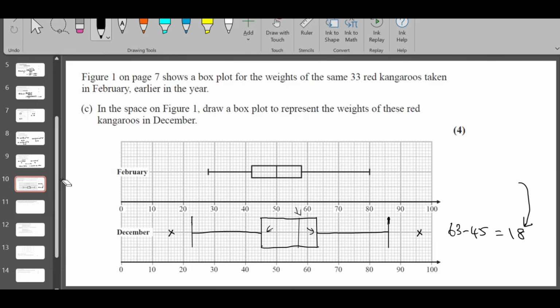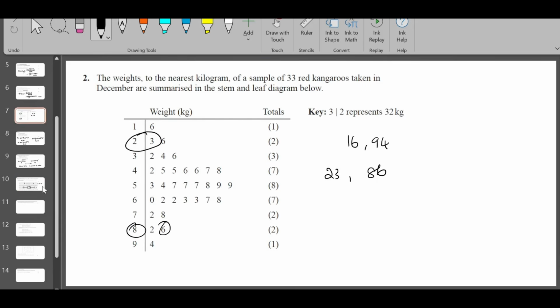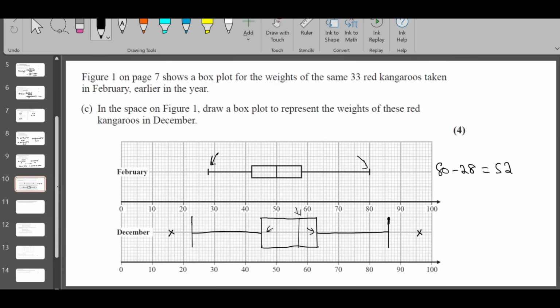And then not the interquartile range, look at the range now. The lowest value is almost like 28, and the highest value is 80. 80 minus 28 is almost like 52. Here we know the lowest value is 23 and the highest is 86. So 86 minus 23, we get 63.